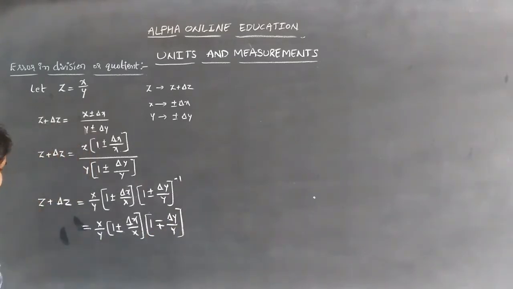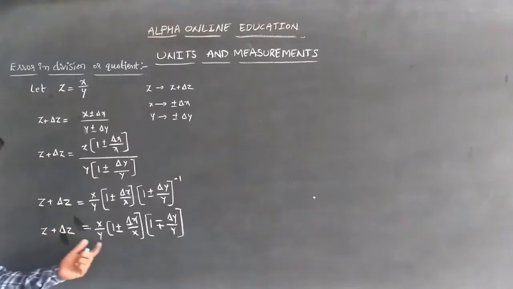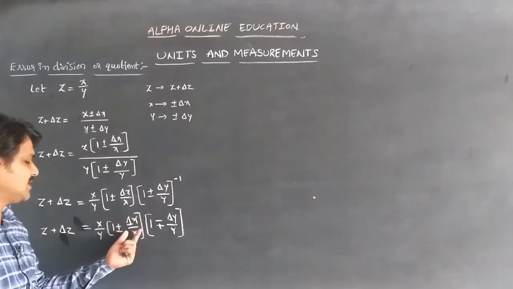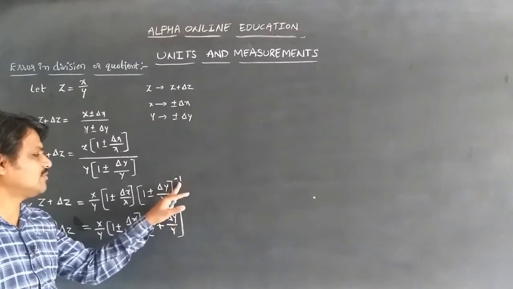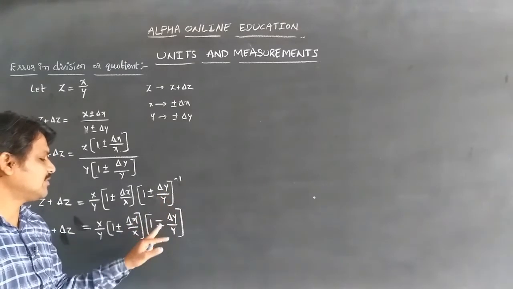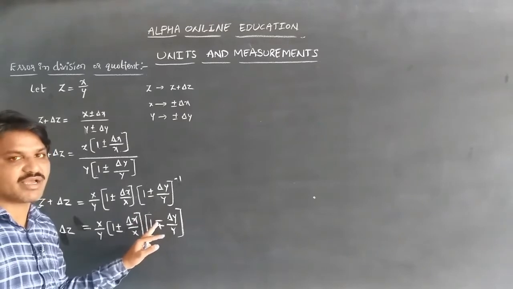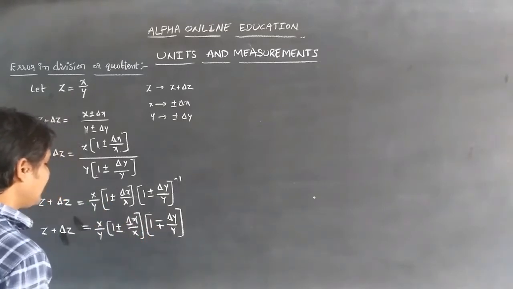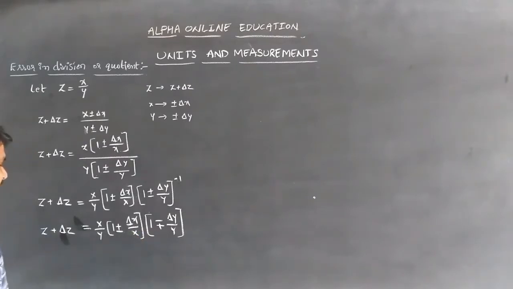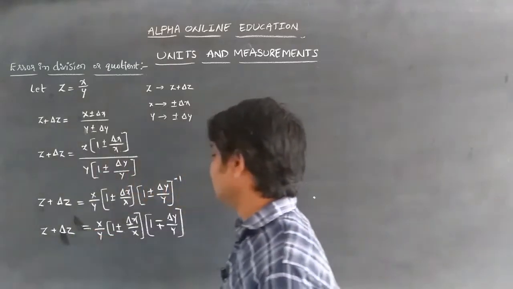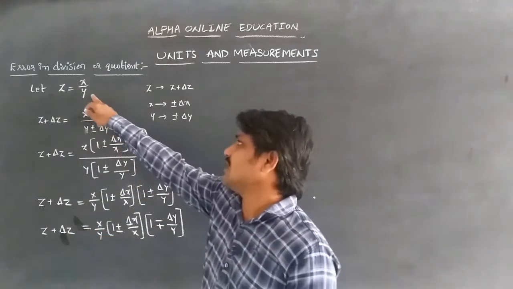So here we can write another thing also: z plus delta z is equal to x by y into 1 plus or minus delta x by x into 1 minus or plus delta y by y. Because we removed the inverse, when it is multiplied inside, 1 plus or minus becomes 1 minus or plus delta y by y. If we multiply both, we know that x by y is equal to z from the initial equation.